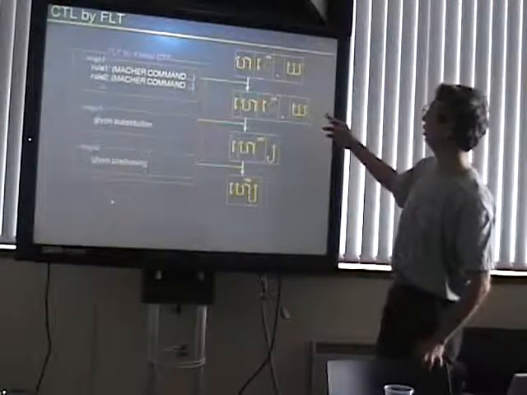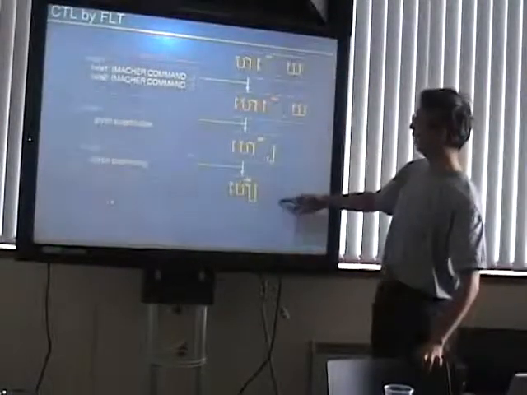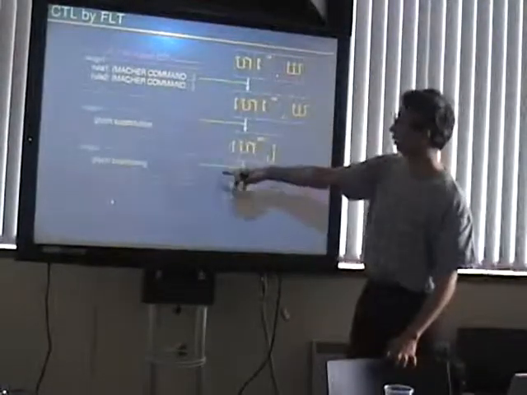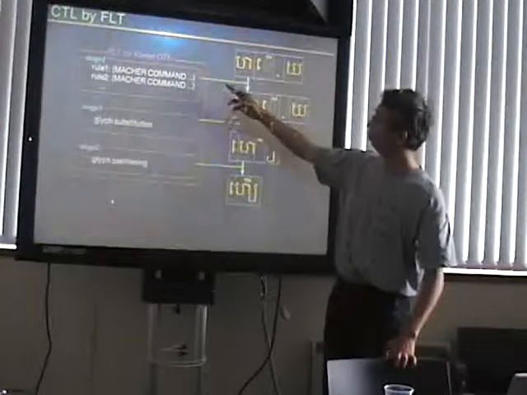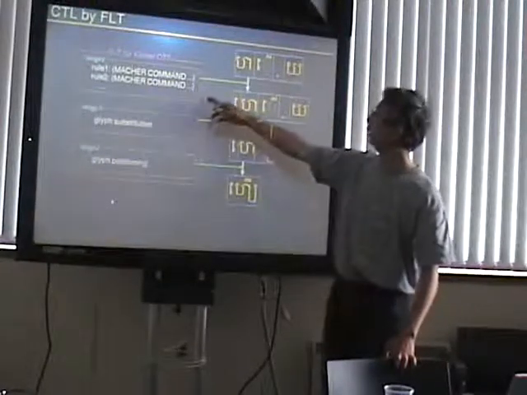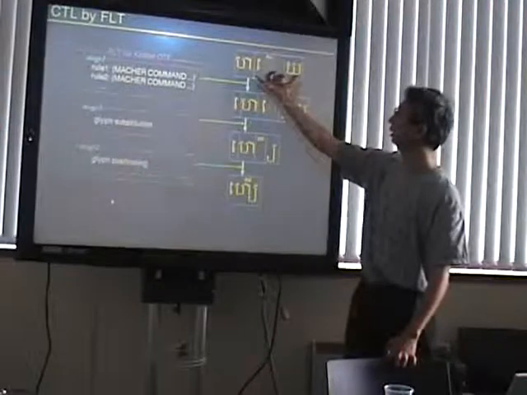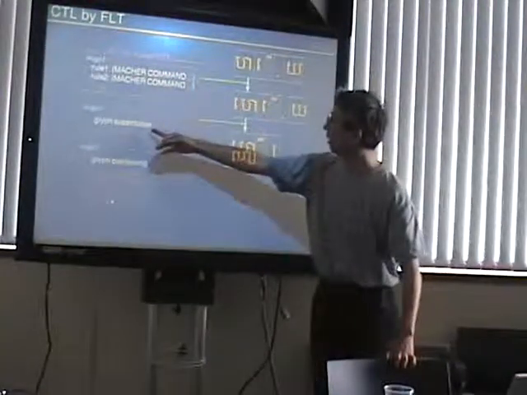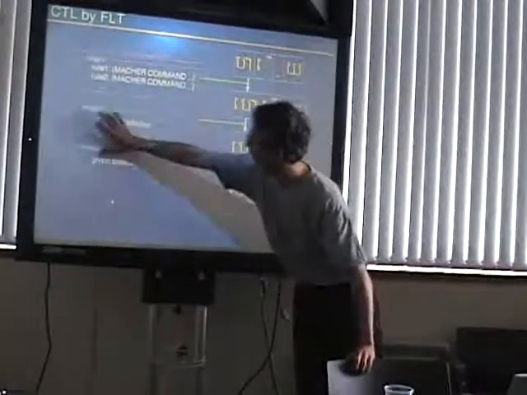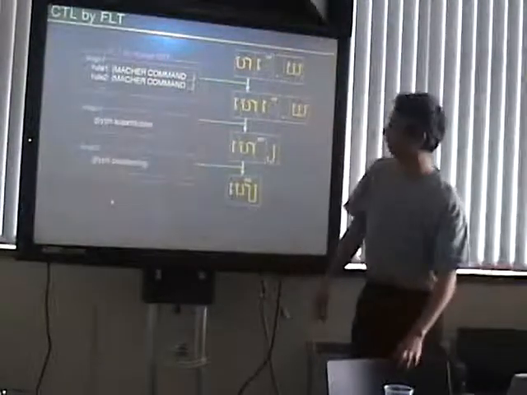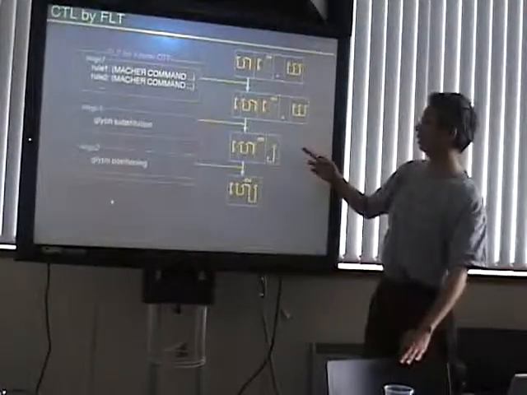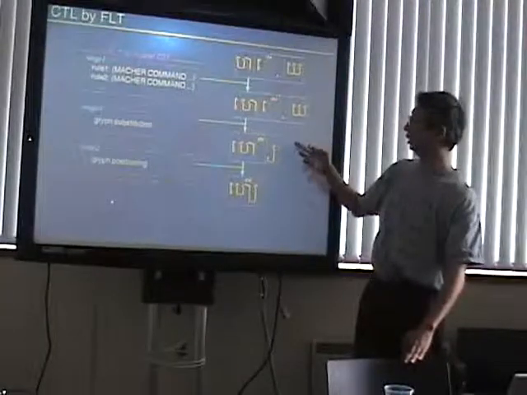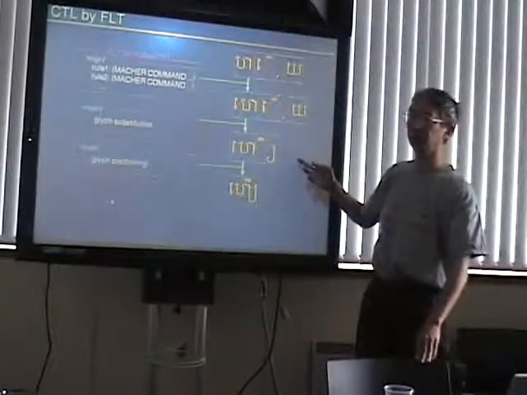So this is the case of Khmer CTL, and FLT does these kinds of things mainly in 3 stages. The first one is to extract the cluster, this part, and it also does the reordering. The second stage is glyph substitution. Here, this example is for OpenType font driving.